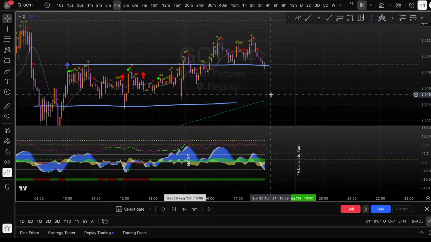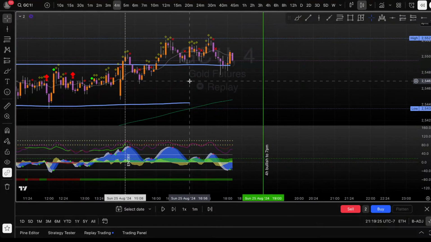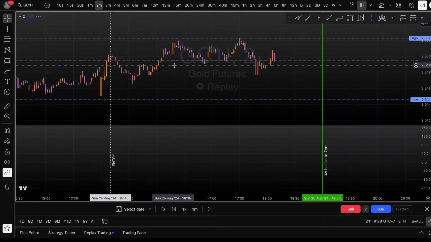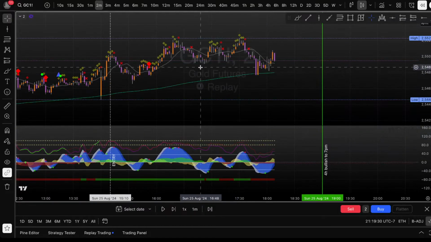We're getting some wicks underneath there. That's buying pressure, folks. I liked on the 2 minute, the VWAP. I think there's a little more strength from the bulls to try and save this. It's a fight.